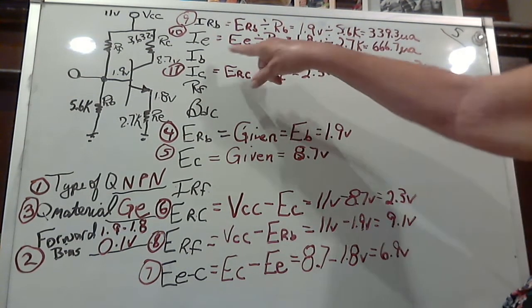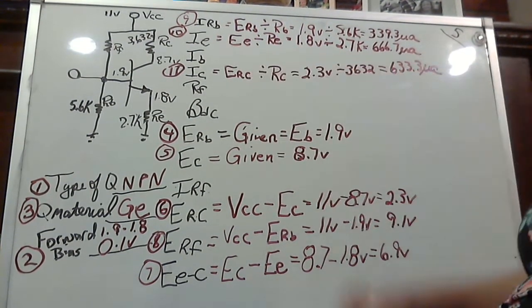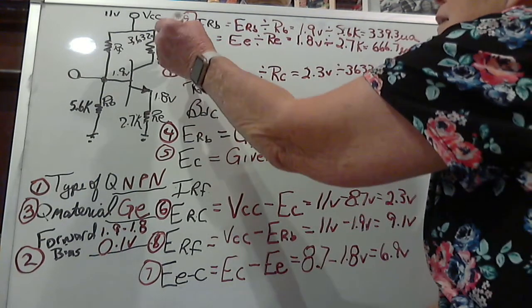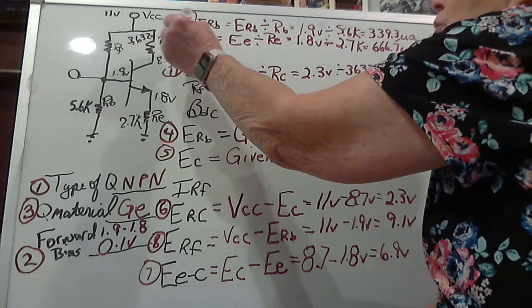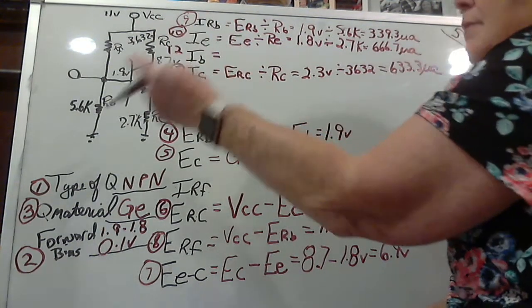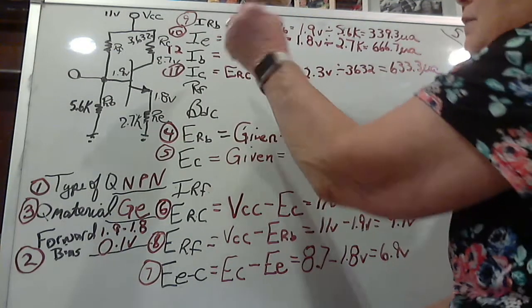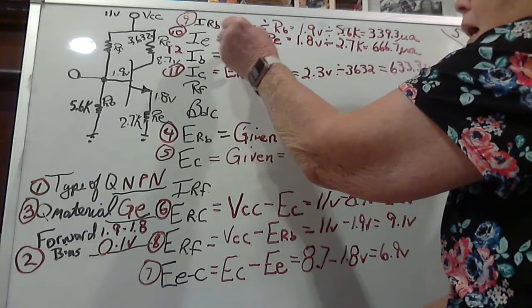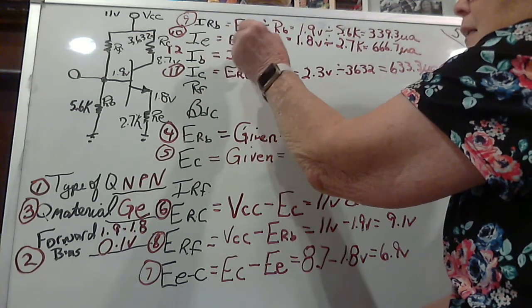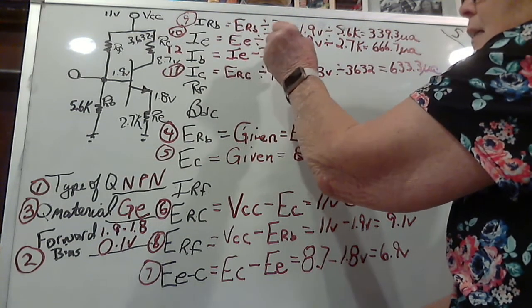Now we could actually come back in here and do IB, because the formula we said in one of the other videos was that IB equals IE minus IC.